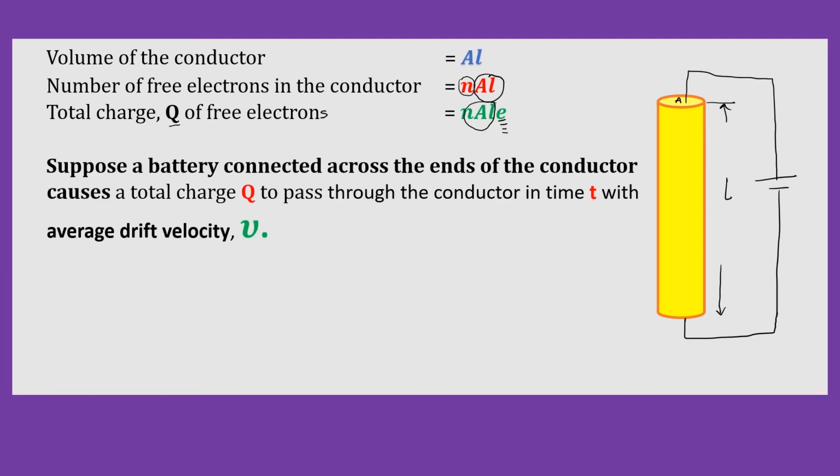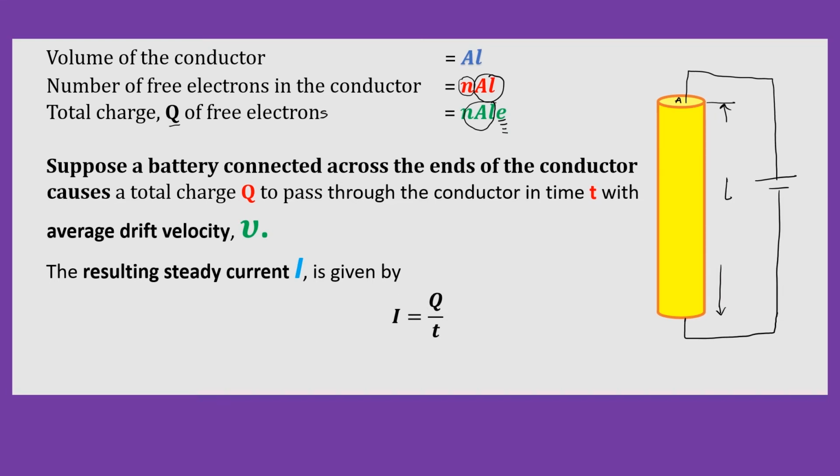Suppose a battery is connected across the ends of the conductor, causing a total charge Q to pass through this conductor in a time t with a drift velocity v. We know that the resulting current will be given by Q divided by time. Remember, we said current is the rate of flow of charge.